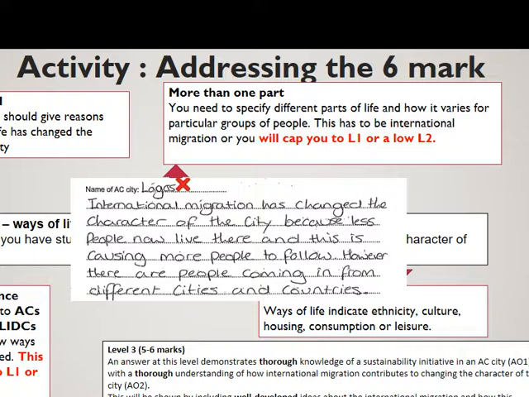The person wrote Lagos for an AC city, and it is very simplistic, so it achieved a level 1 mark. So do not make that same mistake. Make sure you're boxing, underlining, and then glancing over your answer to see that you have addressed that answer by linking it back to the question.